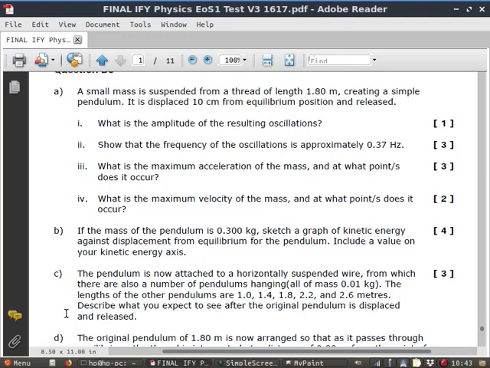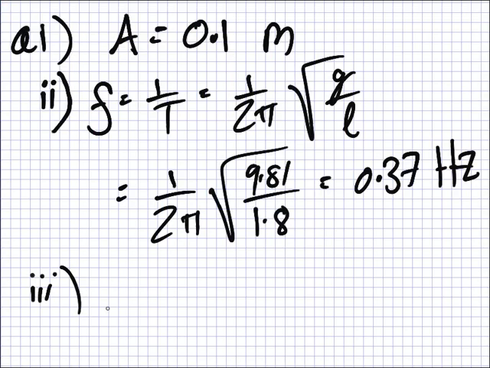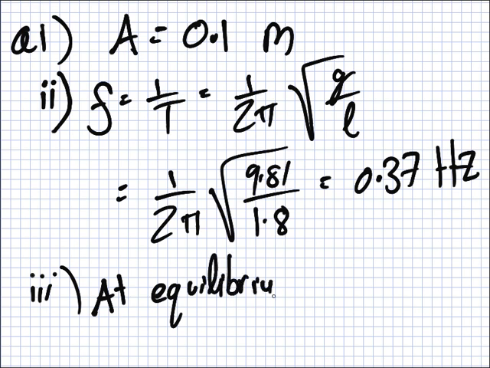What is the maximum acceleration and when does it occur? So the maximum acceleration occurs at the low point, at the equilibrium. And the acceleration would be equal to... No, that's wrong. It's not at equilibrium.